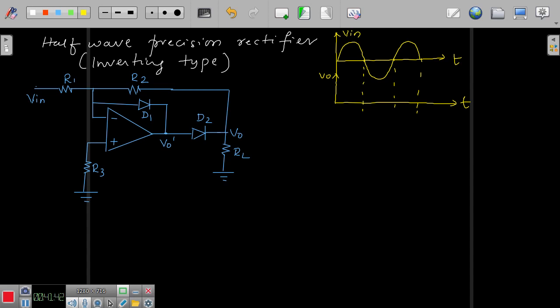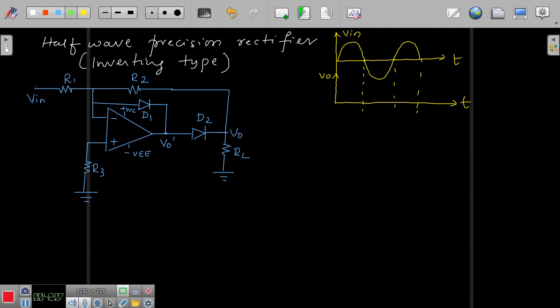Please try to understand this circuit because I am trying to use the gain factor also here in this example. So that is the reason why this is plus VCC, this is minus VEE. Even if you don't write it also it is fine, but it's better you write it, right?